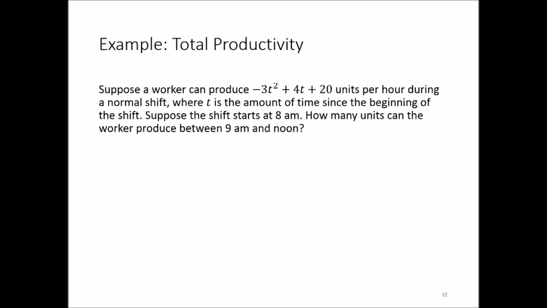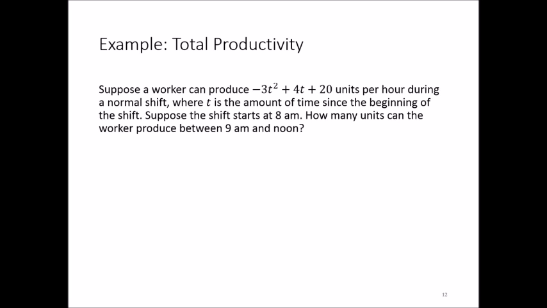So we'll just do one straightforward example of this. Imagine that you have an employee whose work function over the course of a day looks like this. You see a ramp up time, represented by the 4t. You have a base number of units per hour of 20, and then you have a ramp down function, where over the course of the day the person becomes less productive, represented by the minus 3t squared.